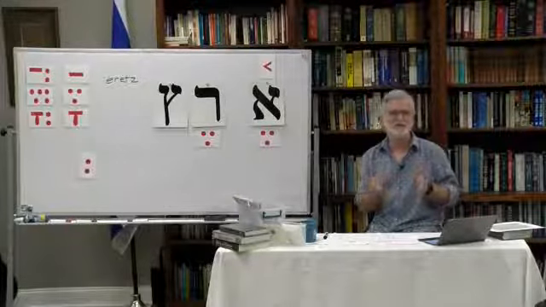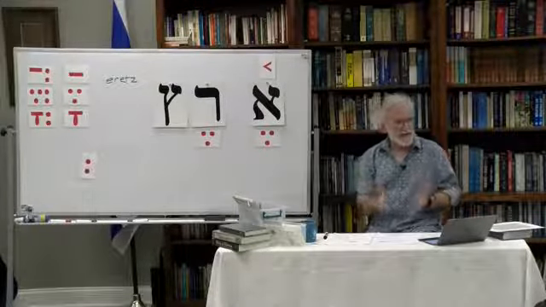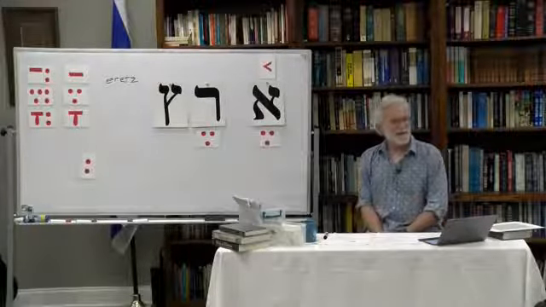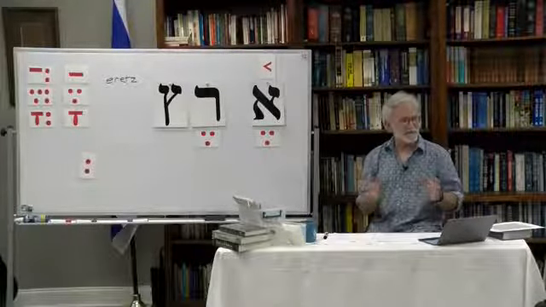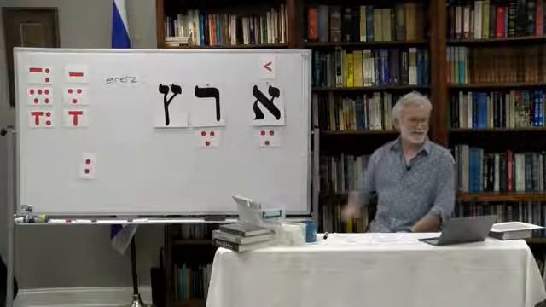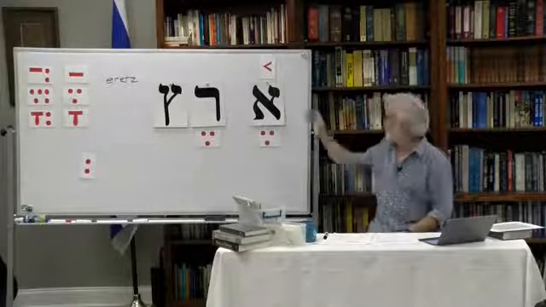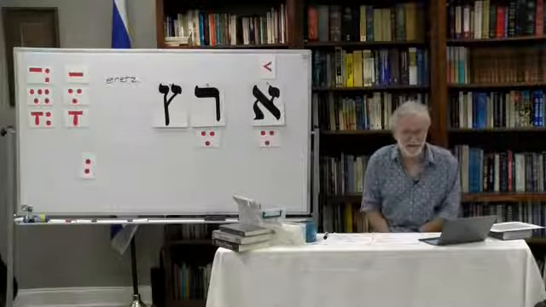Biblia Hebraica Stuttgartensia is the name of a text produced by German scholarship, and it is the academic version of the Hebrew Bible. Let me tell you about the number of accents, the markings and notations within the text.